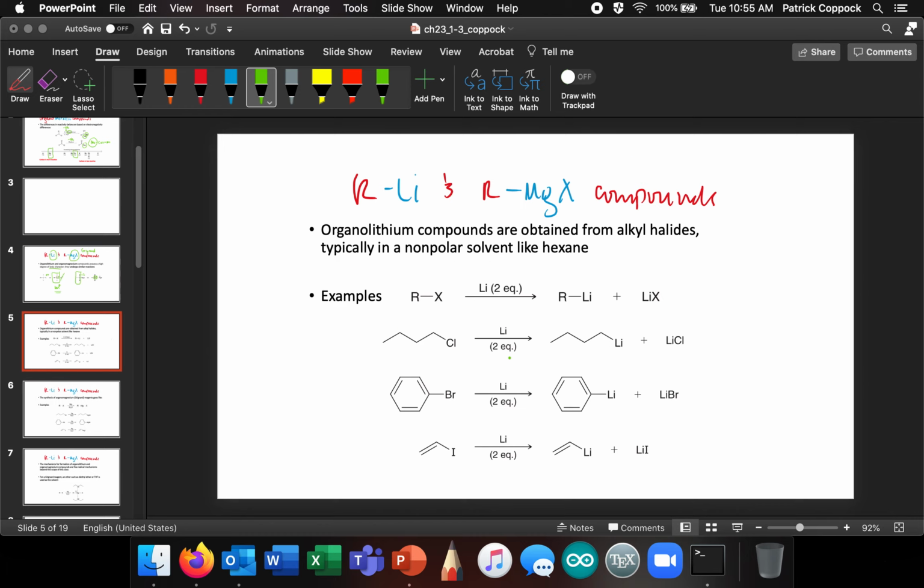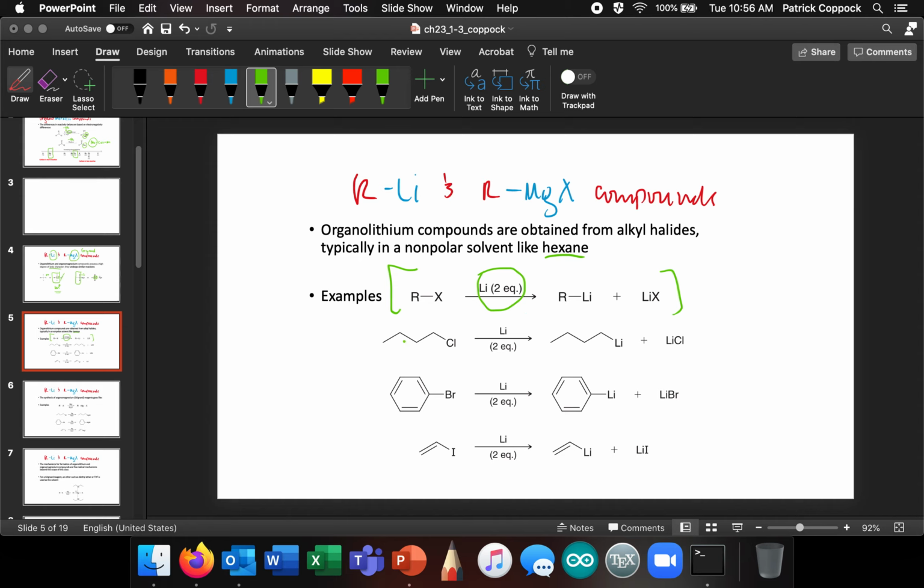So how do we make organolithium compounds? Well, this is magic, and this needs to be memorized. We take an alkyl halide and subject it to 2 equivalents of lithium. This has to be done in something like hexane, and then we get an organolithium.